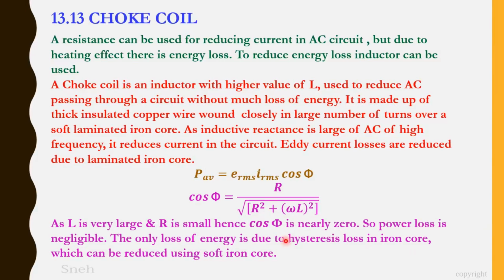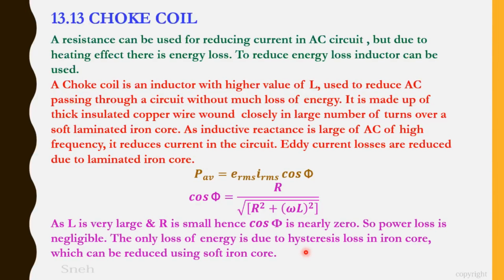See here, in an inductor we have eddy current losses and hysteresis losses. Eddy current losses we can reduce by using a laminated iron core, and hysteresis losses we can reduce by using a soft iron core. So in a choke coil, what is required? A soft iron core is required to reduce hysteresis losses, and a laminated iron core is required for reducing eddy current losses.